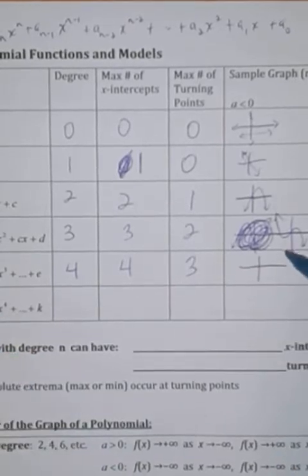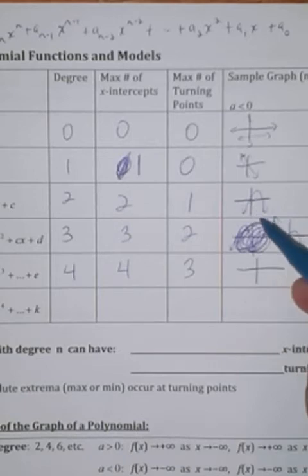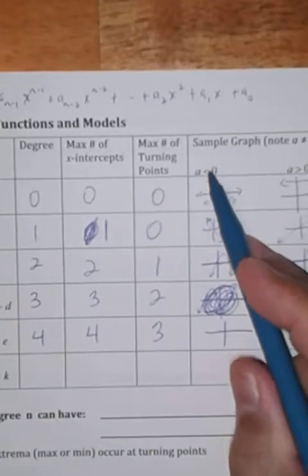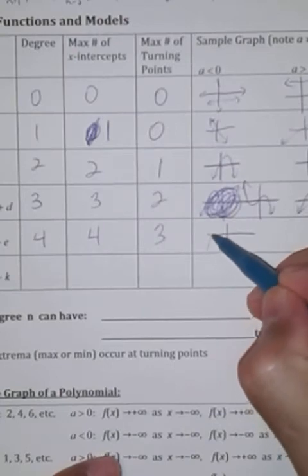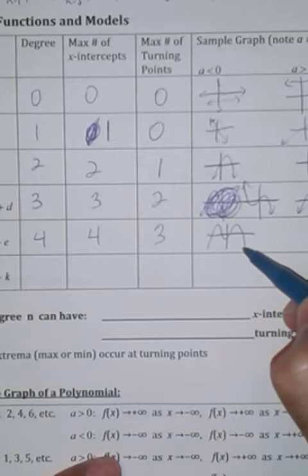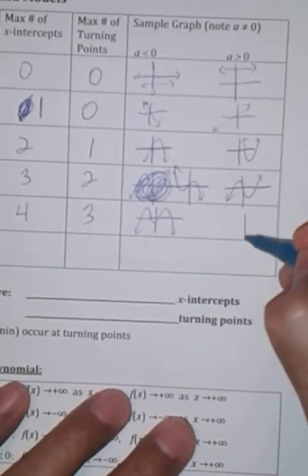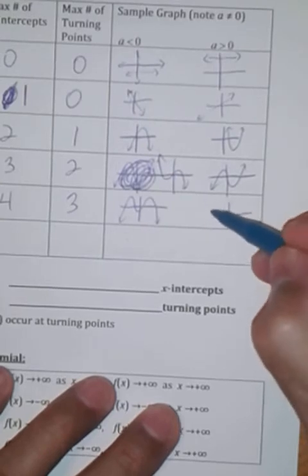And what does this one look like? Well, this one actually starts kind of like a parabola. So when a is less than 0, it starts over here, and then you have one x-intercept, two, three, four x-intercepts. It might look like an M, but it doesn't have to. If a is greater than 0, it just flips around.